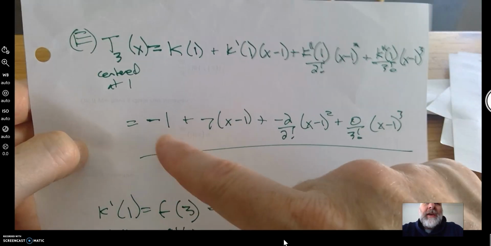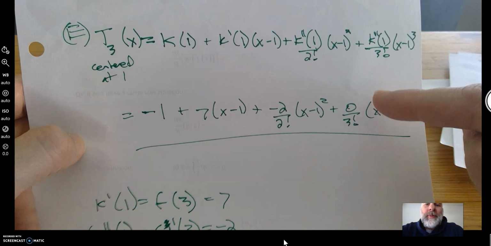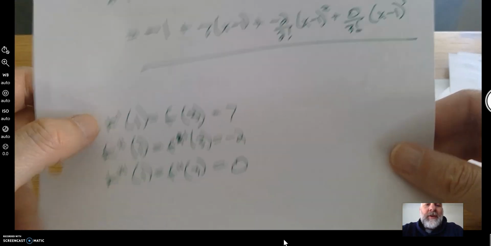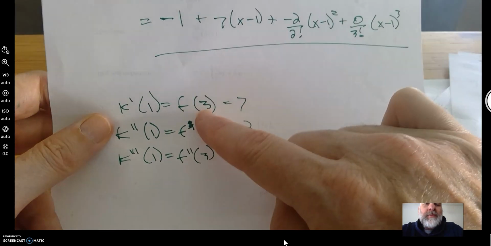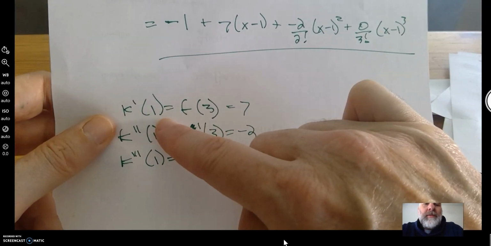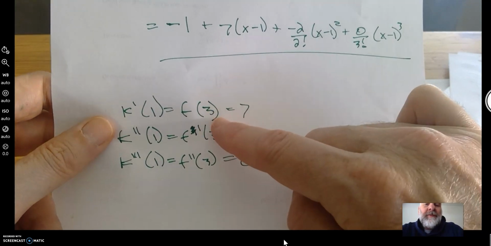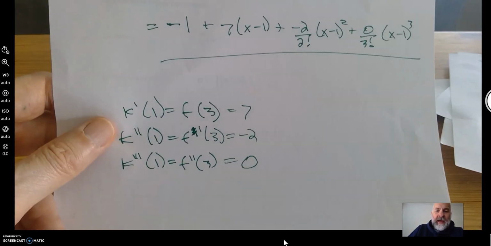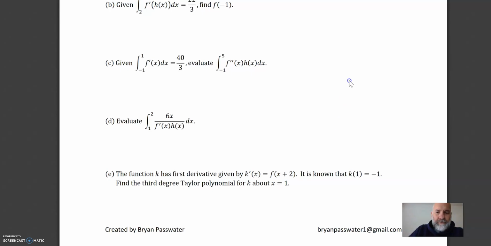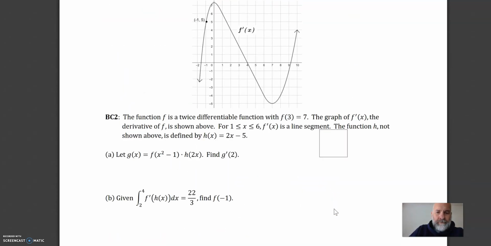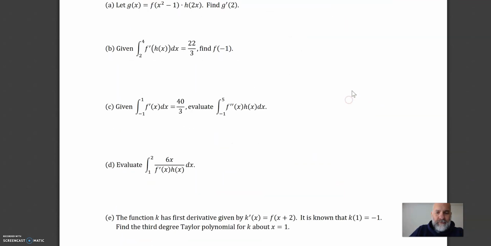And so they told you what k of 1 was. So now you need k prime of 1 and k double prime of 1 and k triple prime of 1. What they said was that k prime of x is f of x plus 2. So k prime of 1 is f of 1 plus 2, so that's f of 3. And you can get that from one second.